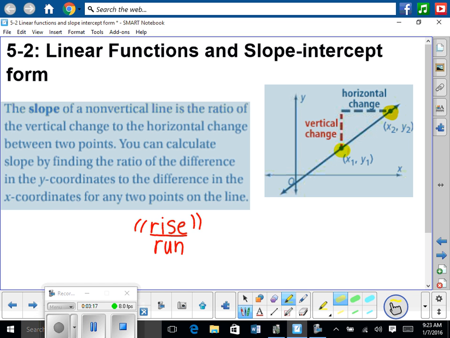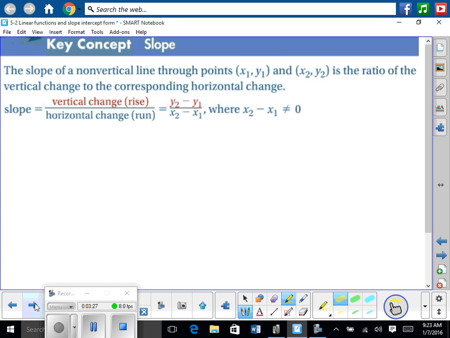That's fine, and you're right, it is the rise over the run, but we're looking at the vertical change divided by the horizontal change. Once again, where the formula comes from, y2 minus y1 over x2 minus x1, we know that's our formula for slope. We just use that, which is fine, but keep in mind what you're technically doing is the vertical change, the rise, over the horizontal change, which is the run.